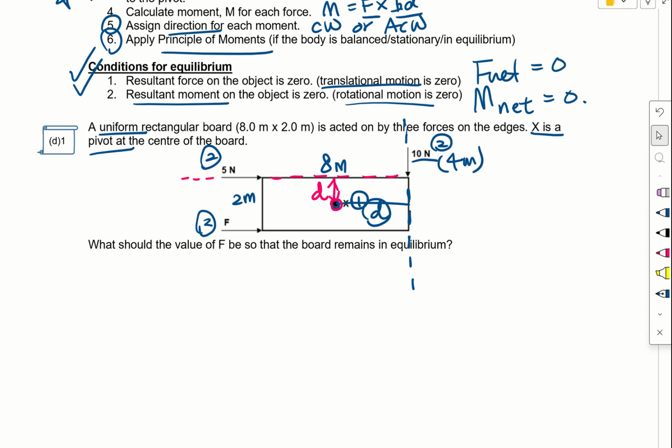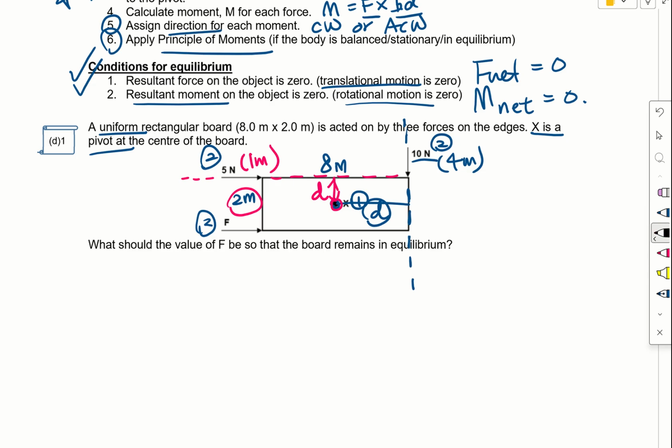But if you try at least to draw the line of action of the force and draw it to somewhere close to the pivot, you'll know that the shortest distance will be the perpendicular distance. This gives a perpendicular distance of 1 meter, because the board is 2 meters, and half of it is 1 meter.